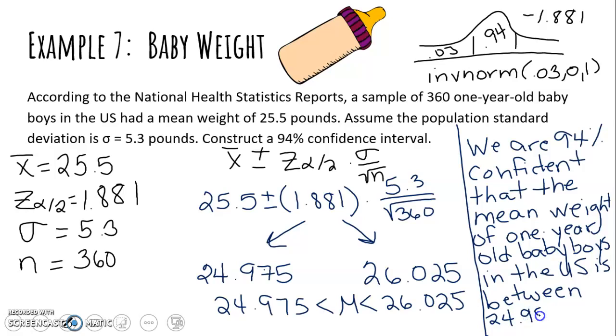I'm just going to round it to 2 places to make room. And there's not room for a period, but there should be a period there.